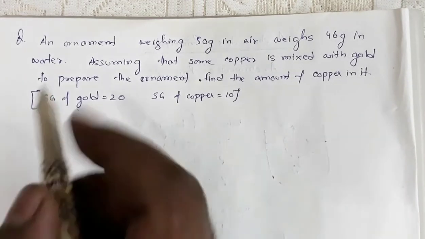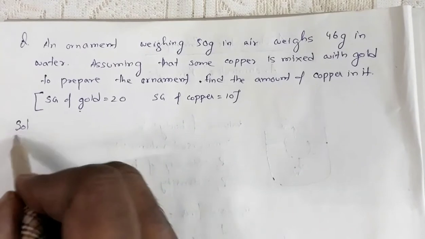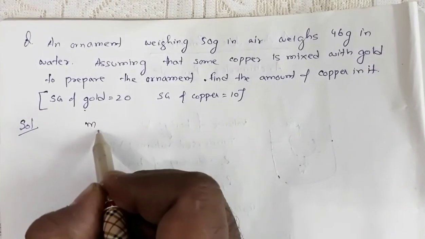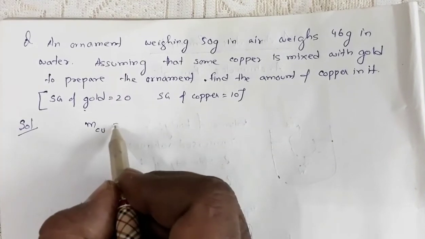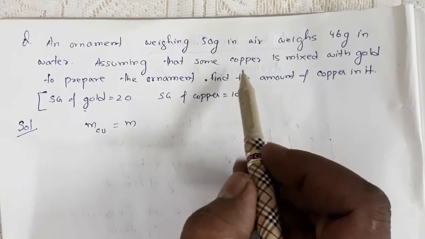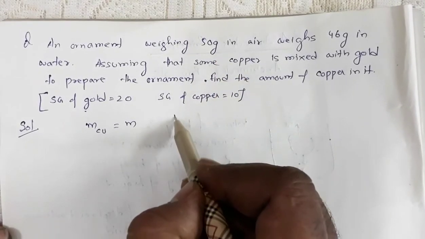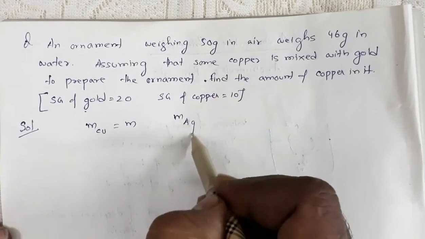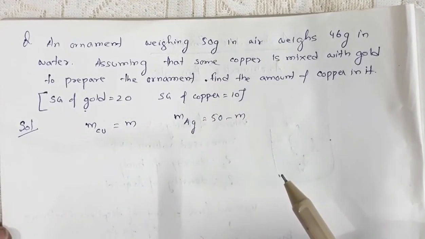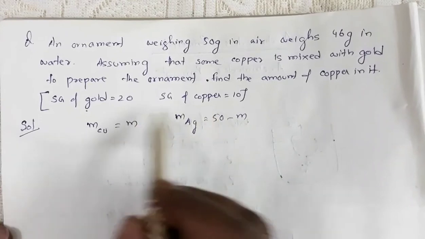Now let's see how to proceed. Let's say the mass of copper in the ornament is m. Now the total mass is 50 gram, so the mass of gold will be 50 minus m. Specific gravity of each is given.